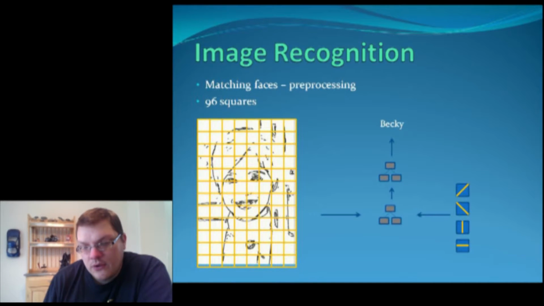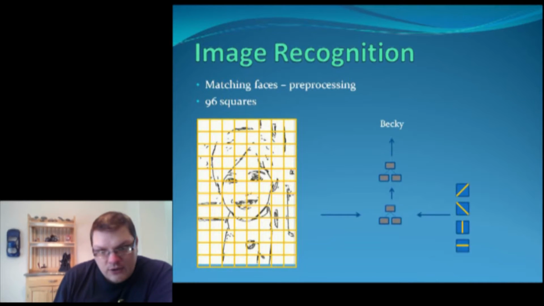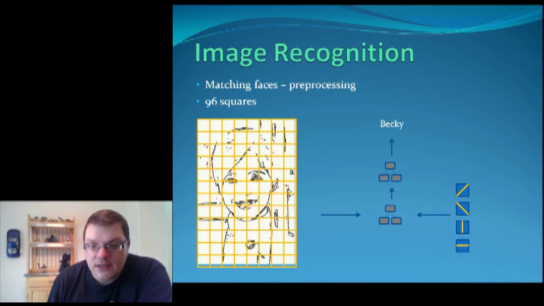So we've got one going at an angle to the right, one at an angle going to the left, one vertical, and one horizontal. Now we could probably create a bunch more examples of these lines, and we probably need to, to truly capture all of the potential edges. But this neural network is going to work off of this for now. We're going to keep it simple.